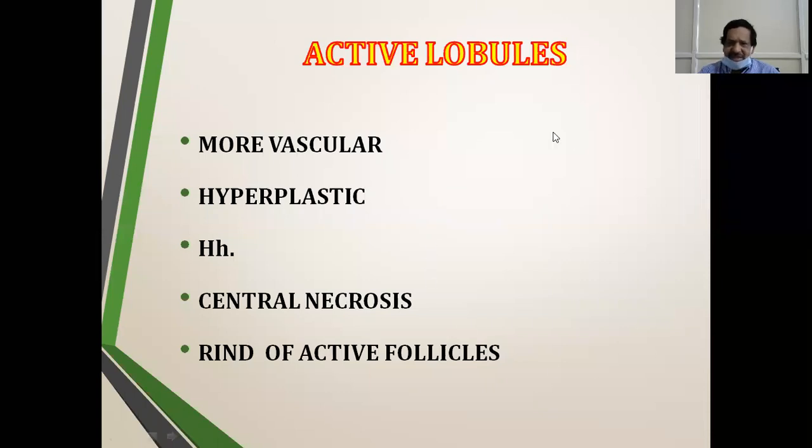Lobule is a basic structural unit in thyroid, consisting of 20 to 40 follicles. So these active follicles you will see at the periphery only, reminding you, central necrosis occurs after the hemorrhage. These are the stages in formation of multinodular goiter.